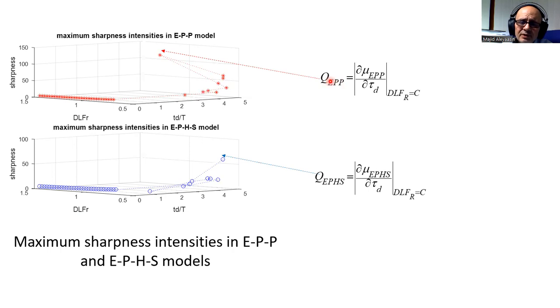Q, or sharpness of the resonance, is the partial derivative of the ductility ratio with respect to the dimensionless period, the dimensionless pulse duration, in constant load. So if I measure this, I categorized all the maximum sharpnesses.